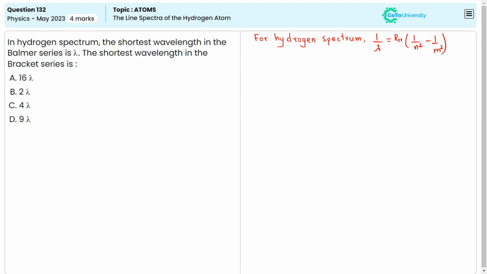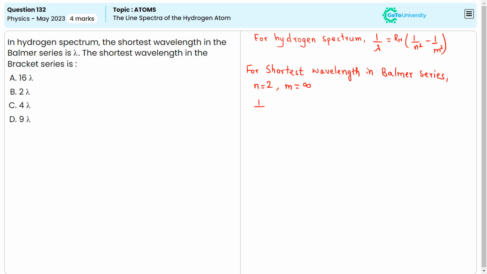Okay, so for shortest wavelength in Balmer series, the value of n is equal to 2 and value of m is equal to infinity.